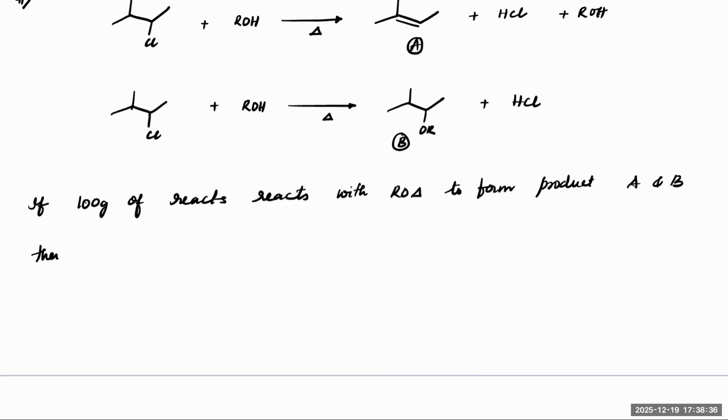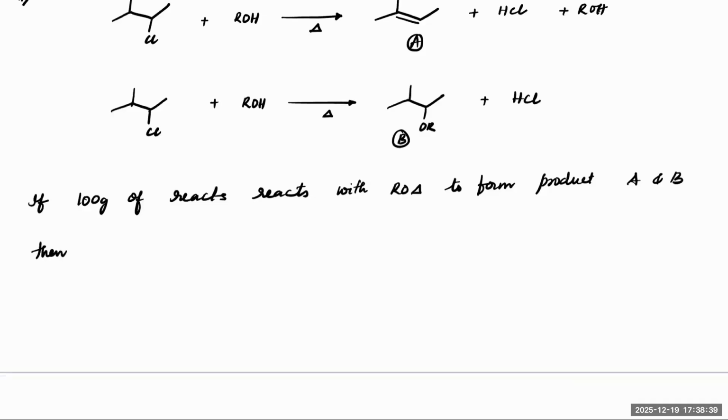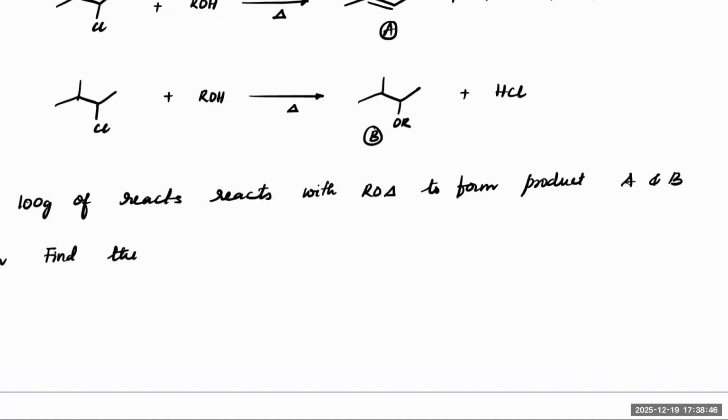then find the amount of A and B in moles if 20 percentage of reactant gets consumed by the first reaction.